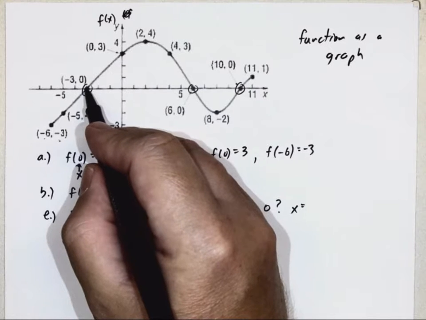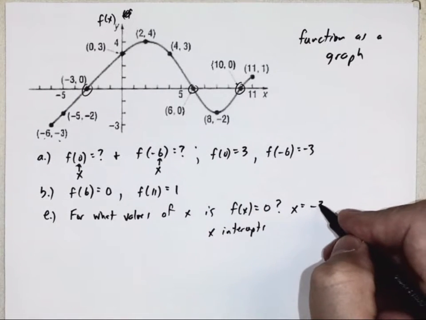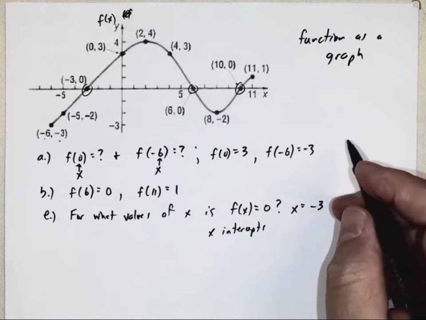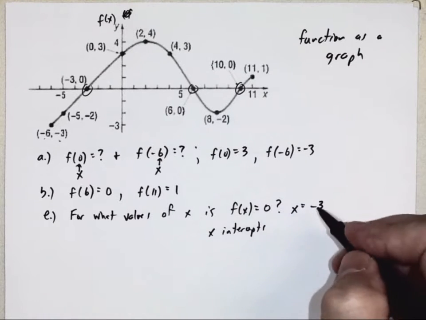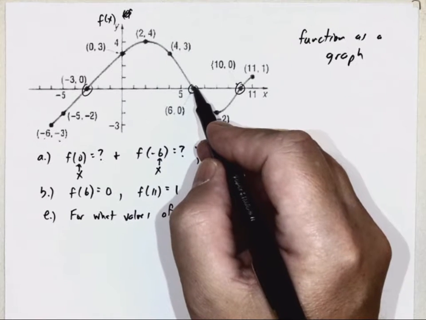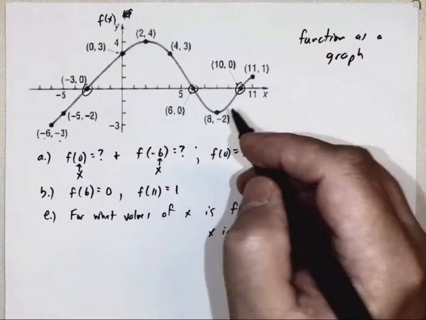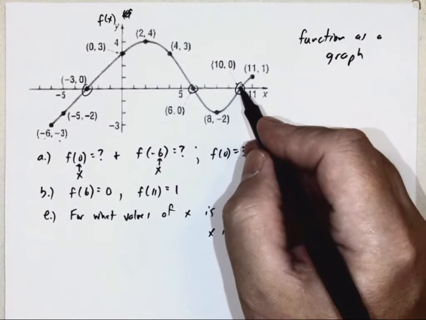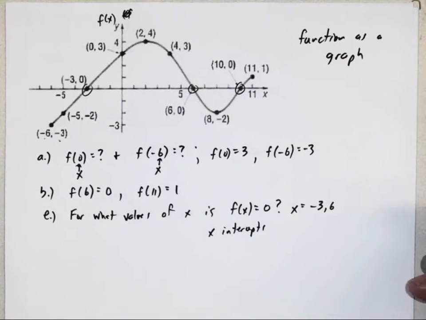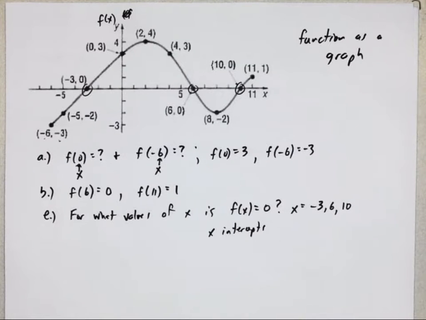Well, this first one, x is -3. The second point, where the function is 0, x is 6. And the third time, where the function is 0, x is 10. So there are 3 values of x where the function is 0.